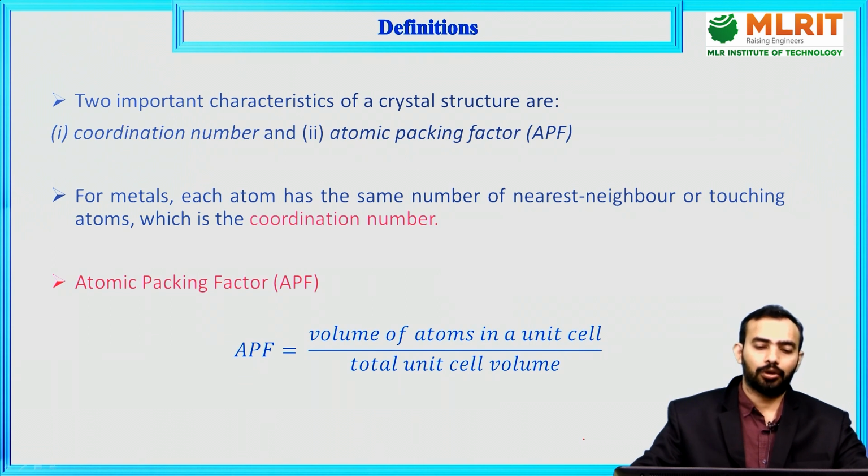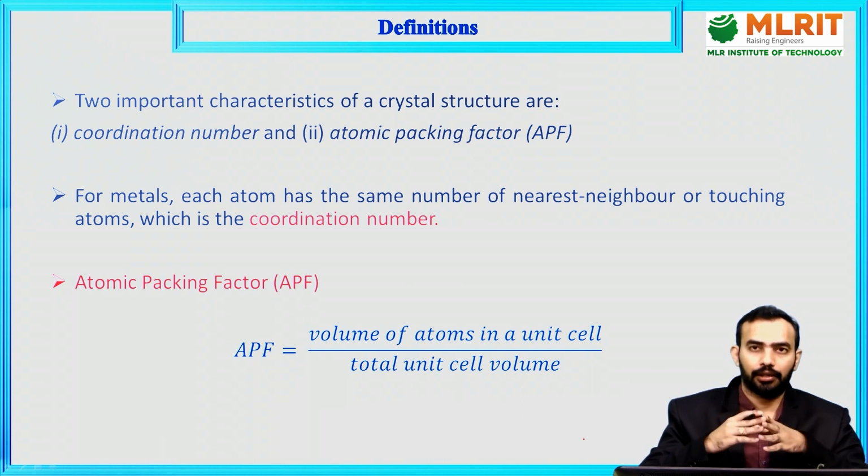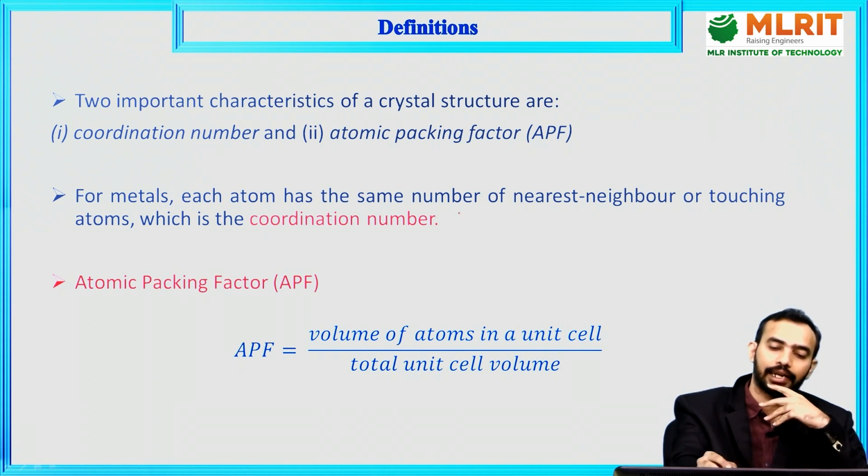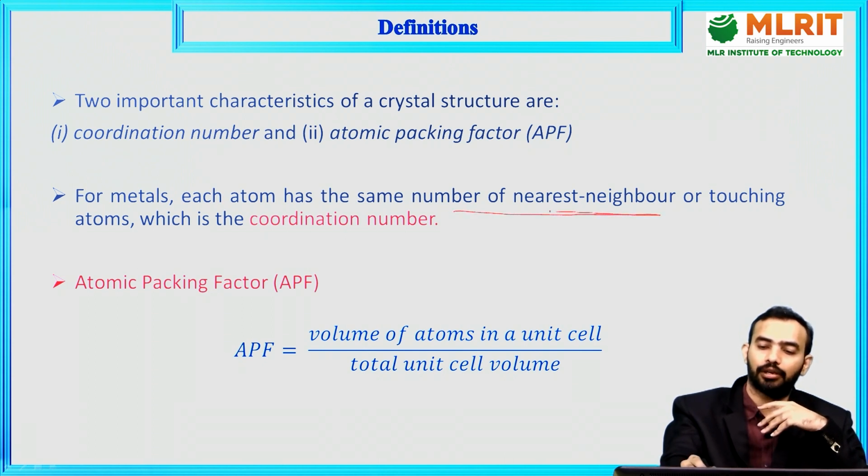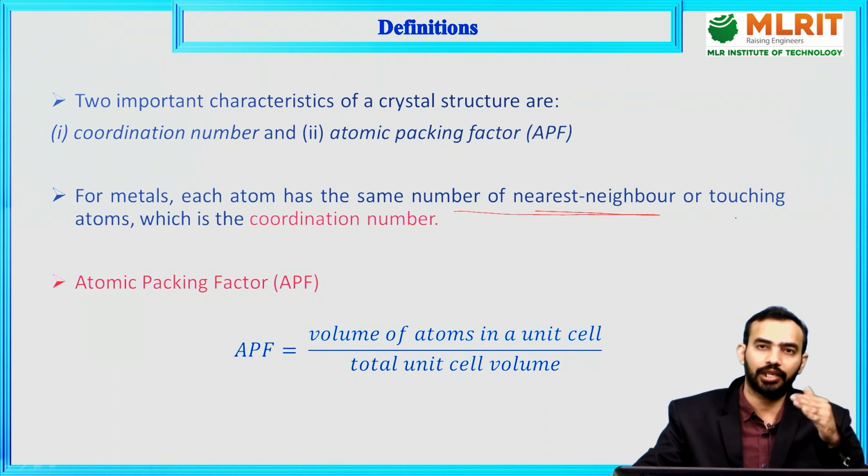So, if you see the coordination number, as the name implies, it is the coordination between the atoms. For that particular crystal structure, for that particular metal, each atom has the same number of nearest neighbor or touching atoms.